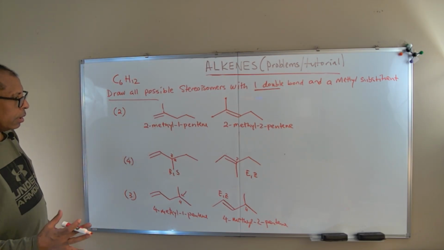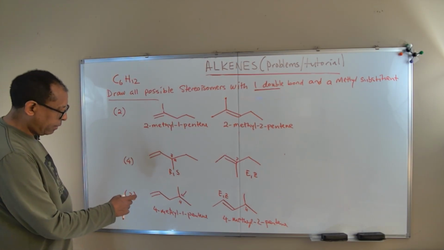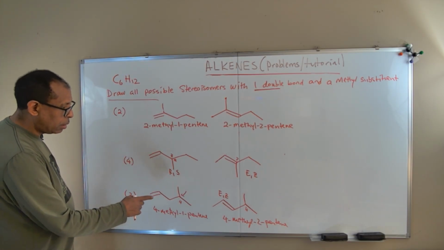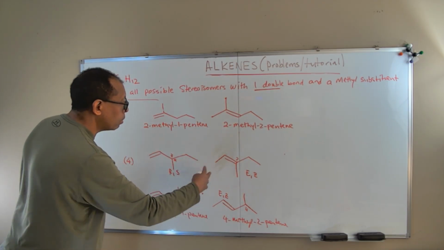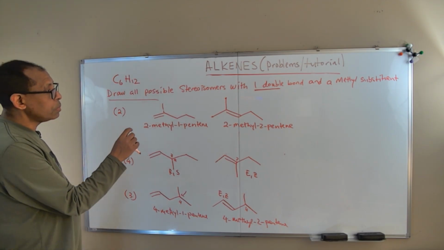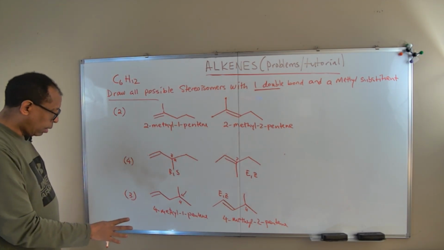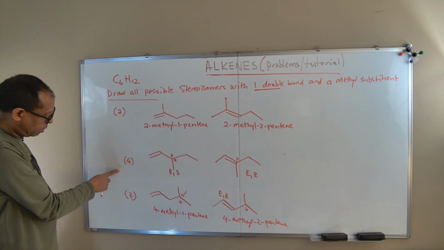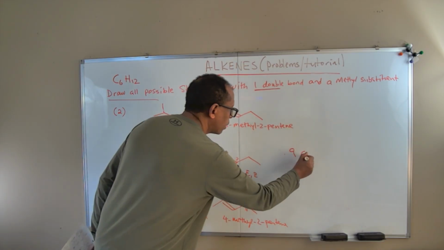So what are the other possibilities? If I shift the double bond here, it would be the same as that one. So unique compound. So E and Z, and I think we have 6 plus 3, 9 compounds at least.